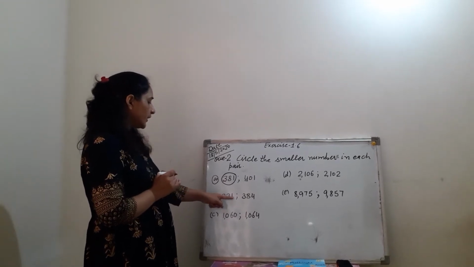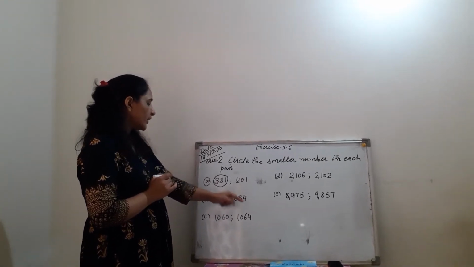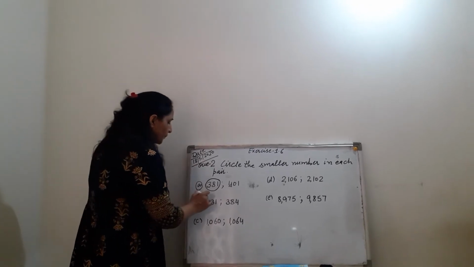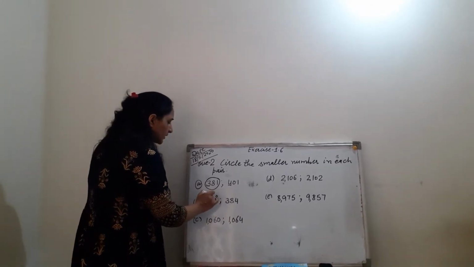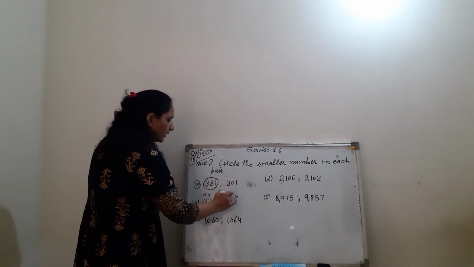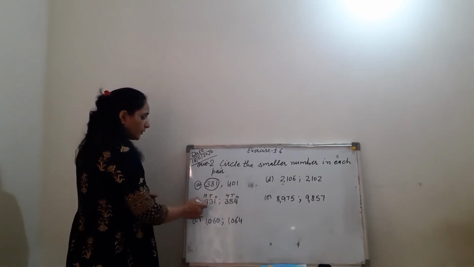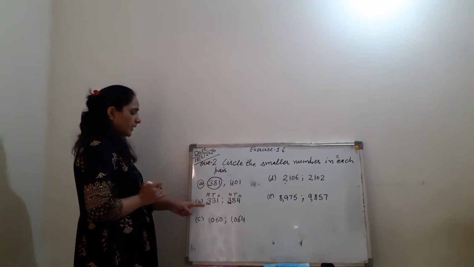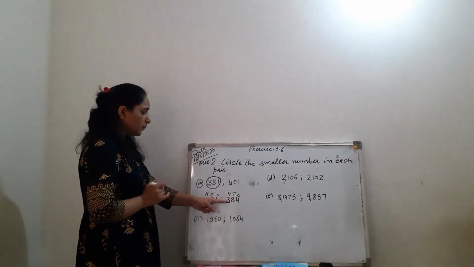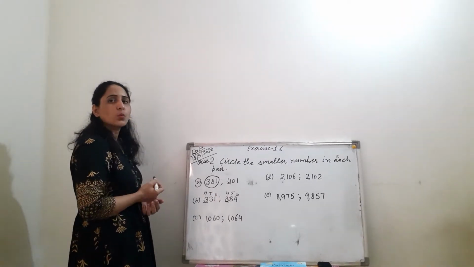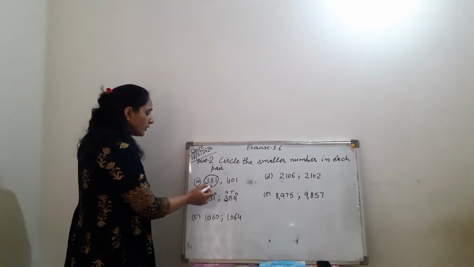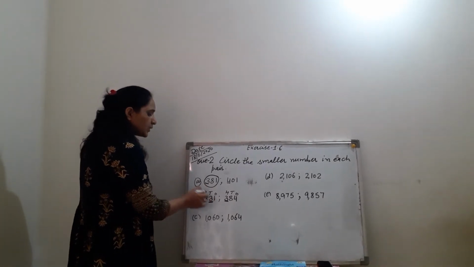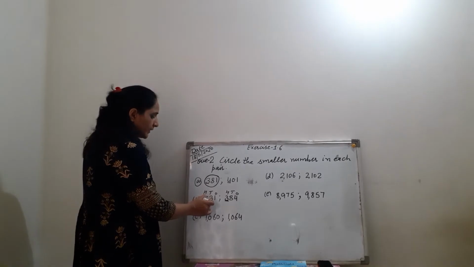Now part B, 331 and 384. See here, ones, tens, hundreds. In the hundreds place, both the numbers are same. In the hundreds place there is 3. In the hundreds place there is also 3. So what do we do? How do we compare? We compare the tens place. Here is 3.